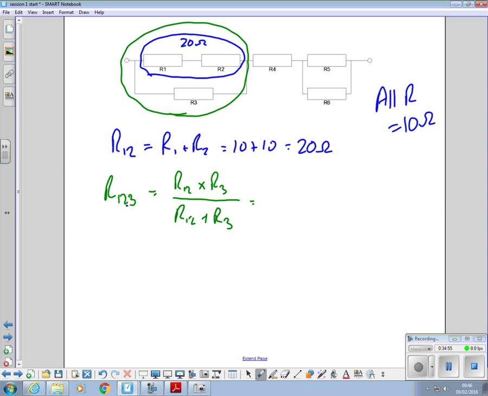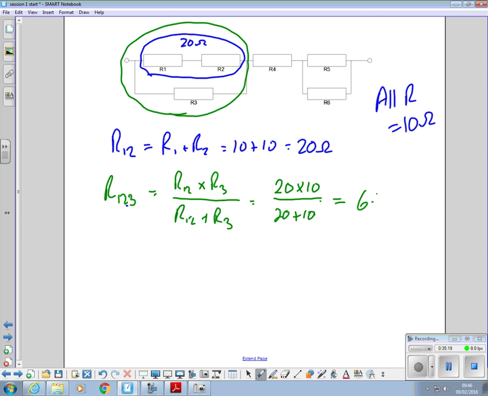That's 20 times 10 over 20 plus 10 equals 6.7 correctly rounded.